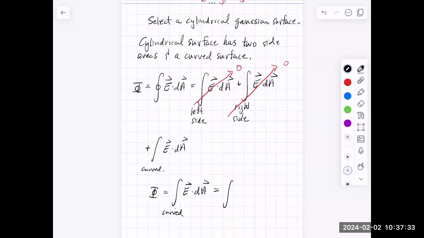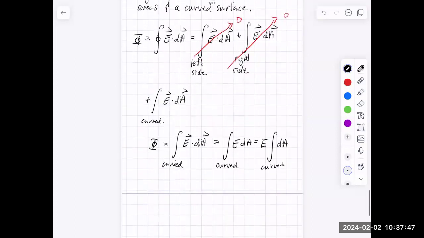So this is going to be the curved surface. First step, the dot product goes away. Second step, the electric field comes outside. And we just have to integrate over the area of our curved surface. And so our flux is going to be E times the area of the curved surface.